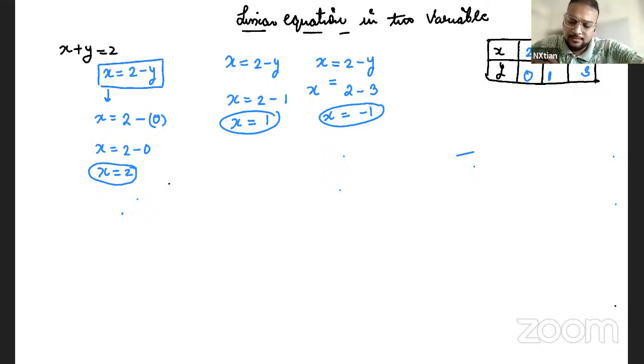Now I'll erase this. I didn't have space to make the graph with this, so that's why I'm erasing this. Okay. Till here, you can write it down.